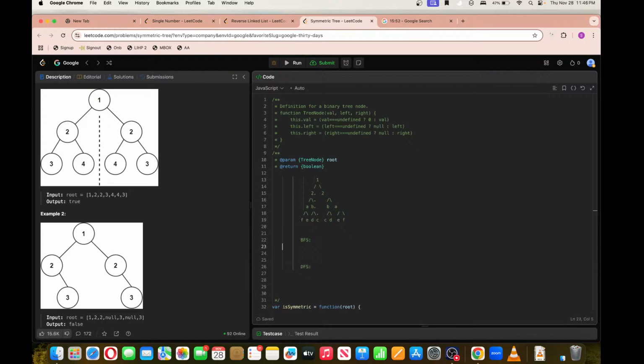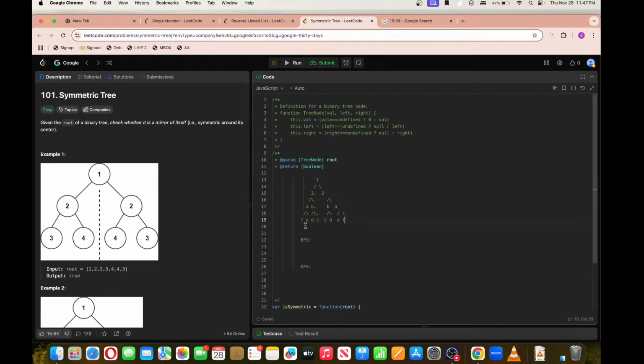So in the BFS solution, how will I know which one is the center here? If all the nodes are equally distributed, if it is a complete binary tree, then I would have known. Like if there are 8 nodes in a level, then the first 4 would be the left one from the center and the right ones from the center.